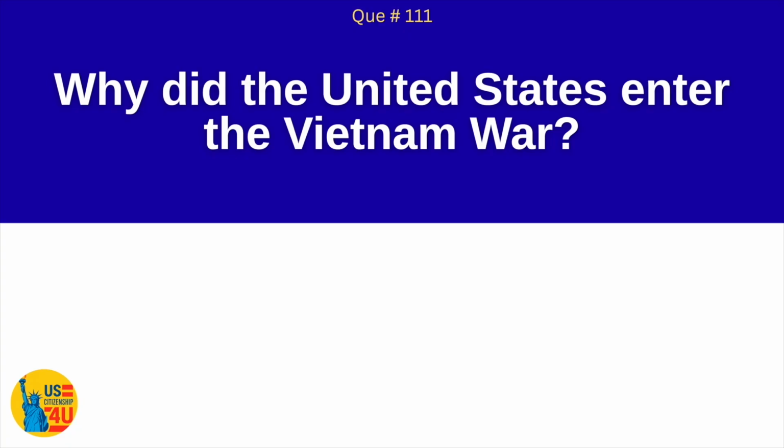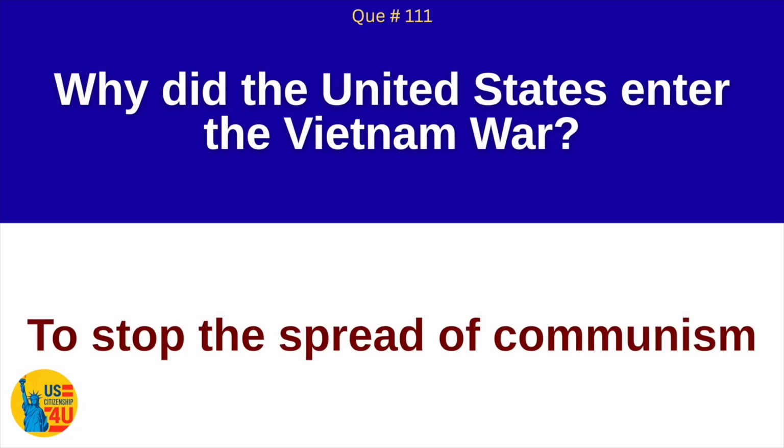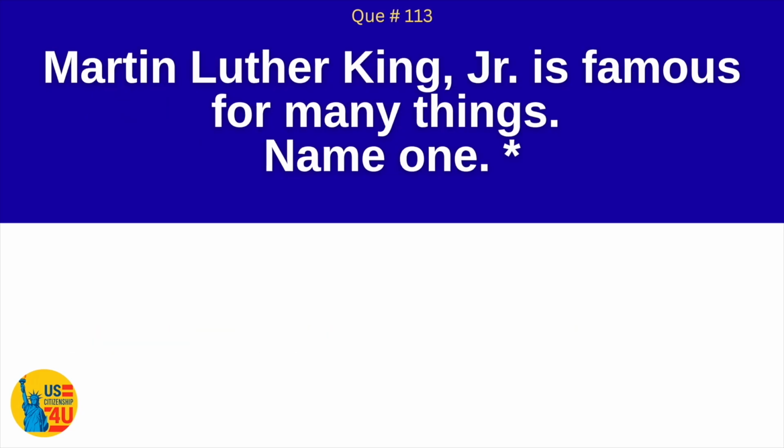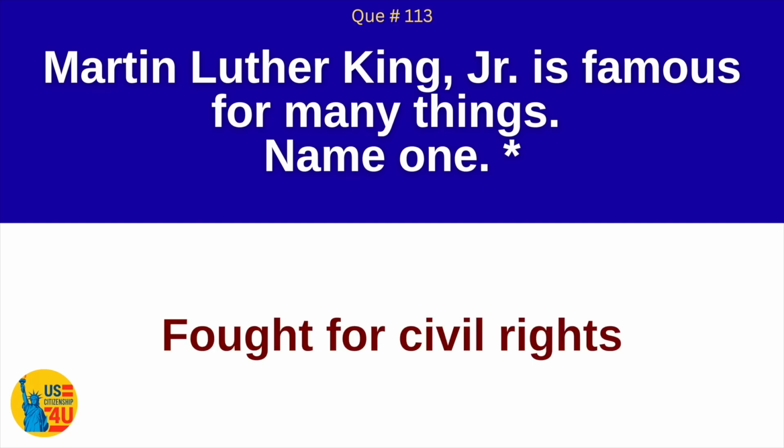Why did the United States enter the Vietnam War? To stop the spread of communism. Martin Luther King Jr. is famous for many things. Name one. Fought for civil rights.